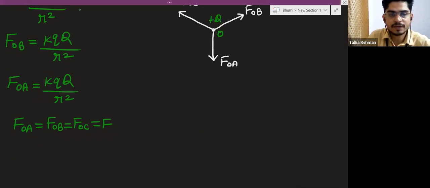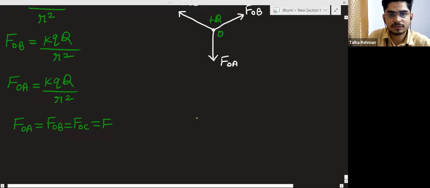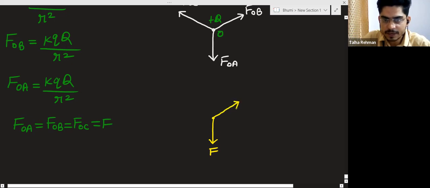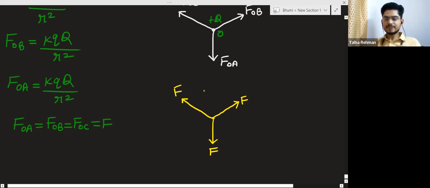Now I am again modifying this. This is the point O, and here a force F is acting in this direction, and here a force F is acting in this direction, and here a force F is acting in this direction.